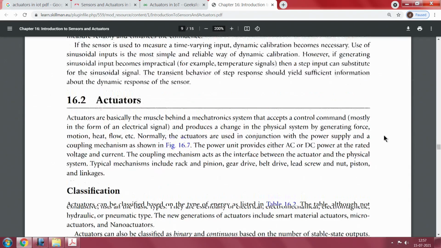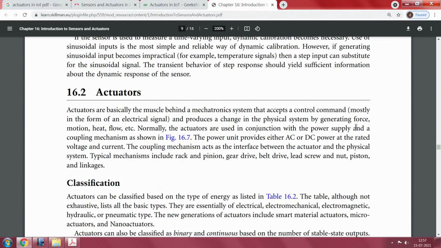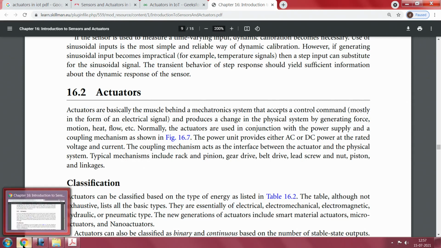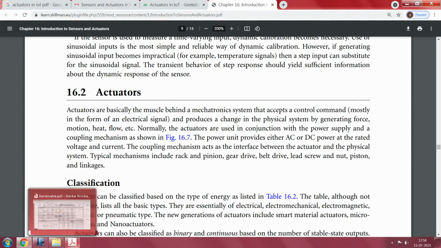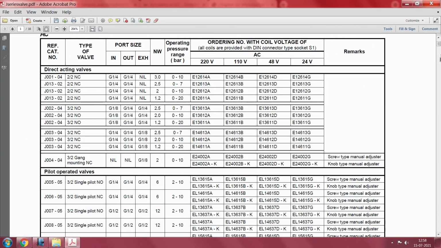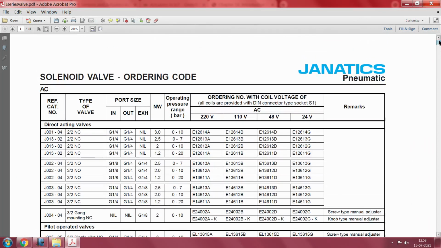Then of course, what we discussed now is about the actuators. Alright, now let us move on to an actuator of interest to us, and I will point you to the actuator that we would like to show you, and that comes from this company, it is called Genetics.